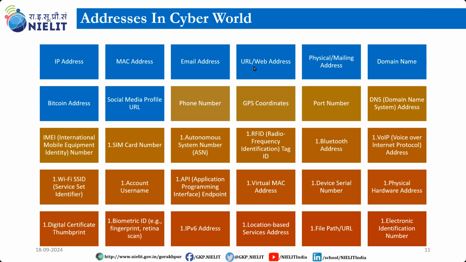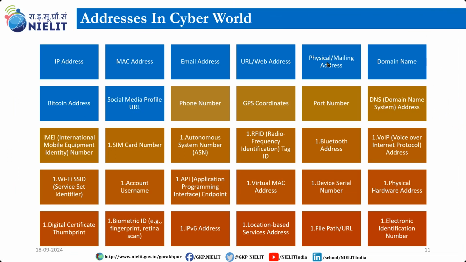Then a website, a particular web resource, can be identified with the help of a URL, uniform resource locator, or simply a web address. So there can be different types of internet resources. If we have a website, then we will have a web address. If we have some other services like FTP service, then we have a URL for FTP services.